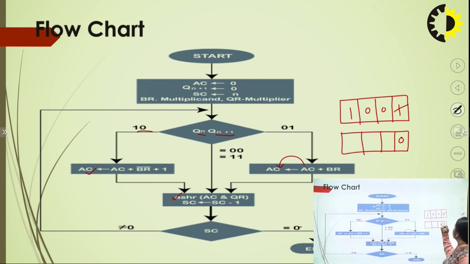We will have 0 here, 1, and in this space we will have again 1, because the previous bit was 1 here, that's why it will be copied here again. So this is the arithmetic right shift. In this case, we will not input 0 from this side. We will insert the bit which is in the most significant bit. In this case, it is having 1, that's why I have copied this value in the first cell also. So this is known as arithmetic shift right.